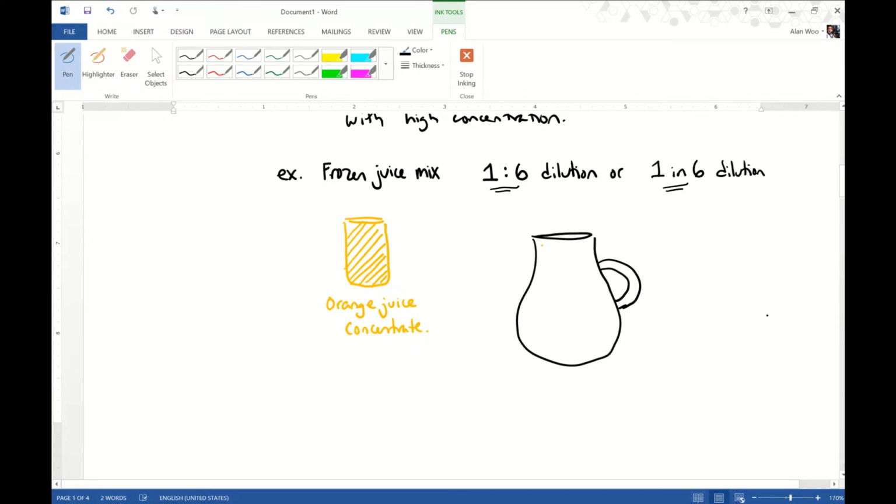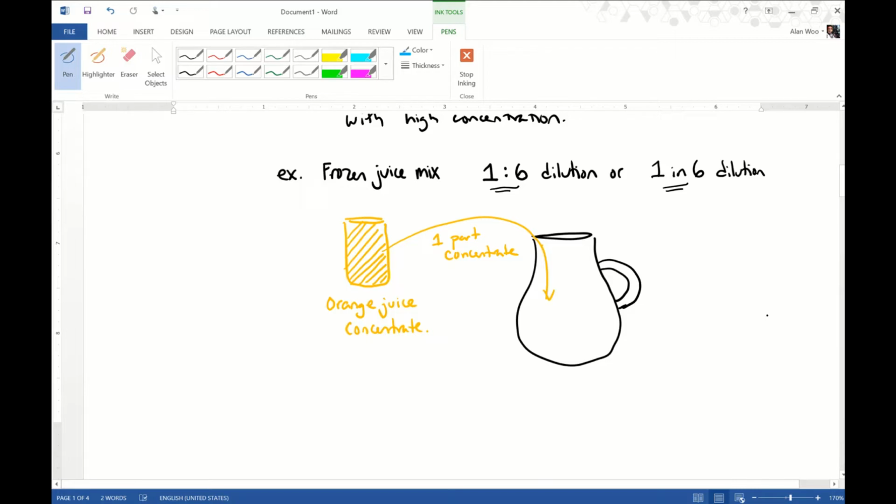So in a 1:6 dilution, what we're doing is adding 1 part concentrate, and we're going to add water to this. But how much water? A lot of you would probably say 6 parts water because you have the number 6 here.